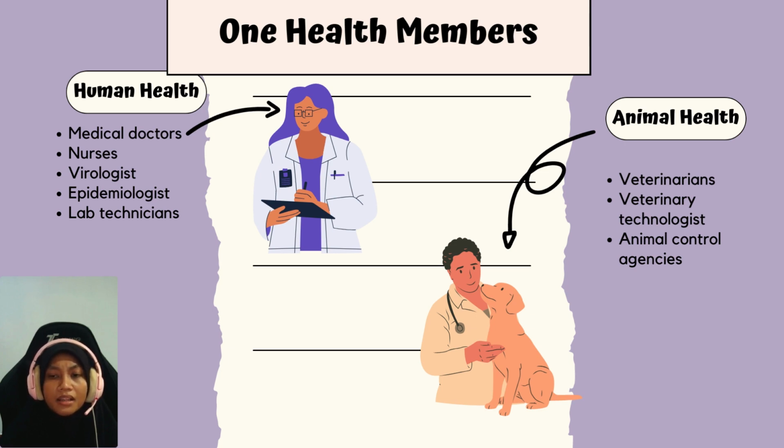In animal health, there are veterinarians, veterinary technologists, and animal control agencies. These people are responsible for giving rabies vaccination to pets, spaying or neutering the pets, or even giving oral vaccination for wildlife, by mixing the vaccine in their food, as wildlife are hard to approach and handle.